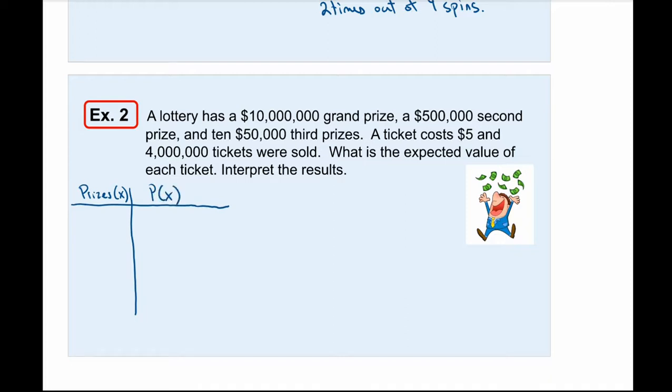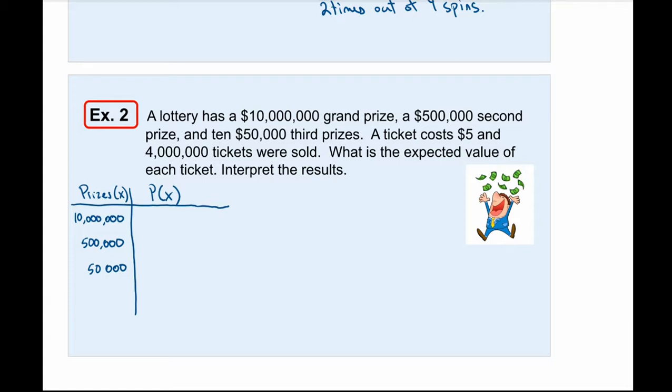What's my first prize? The 10 million. 500,000 is my second prize, and then I have 50,000 as my third prize. So those are my 3 outcomes.